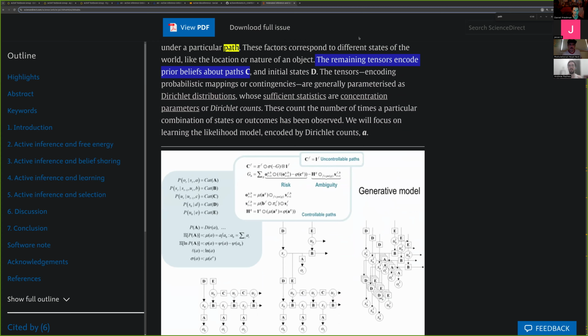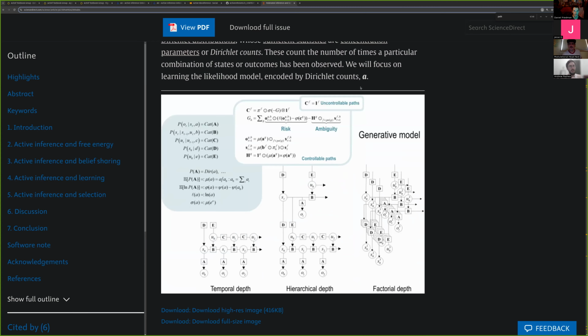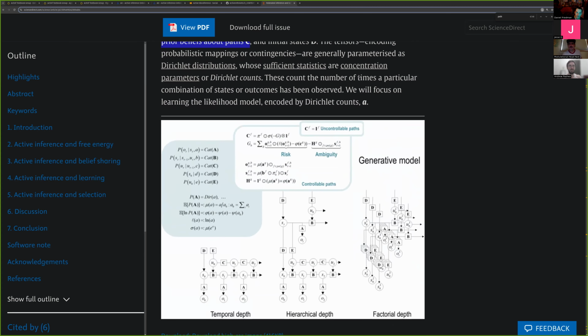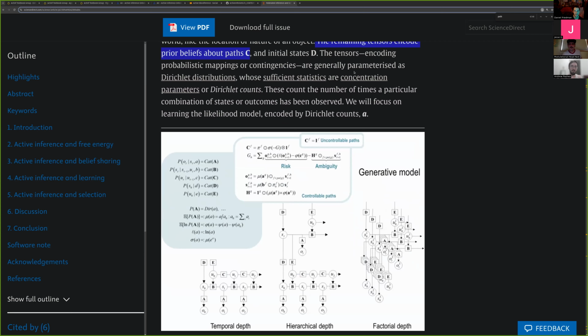So this took me off guard when I was reading it. Everything here makes sense to me intuitively right off the bat. I've written a tutorial putting together certain kinds of POMDPs. But then swap out preferences or observations for the word paths, and I'm not really sure.